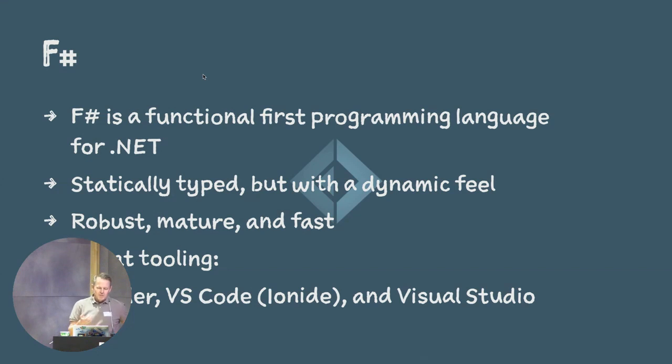But let's talk about F# for those who are not that familiar with it. It's a functional first programming language for .NET, statically typed, but what I like to say is that it has this dynamic feel. For those who are familiar with Python, it feels like Python in some sense, but it's really robust, mature, and fast.